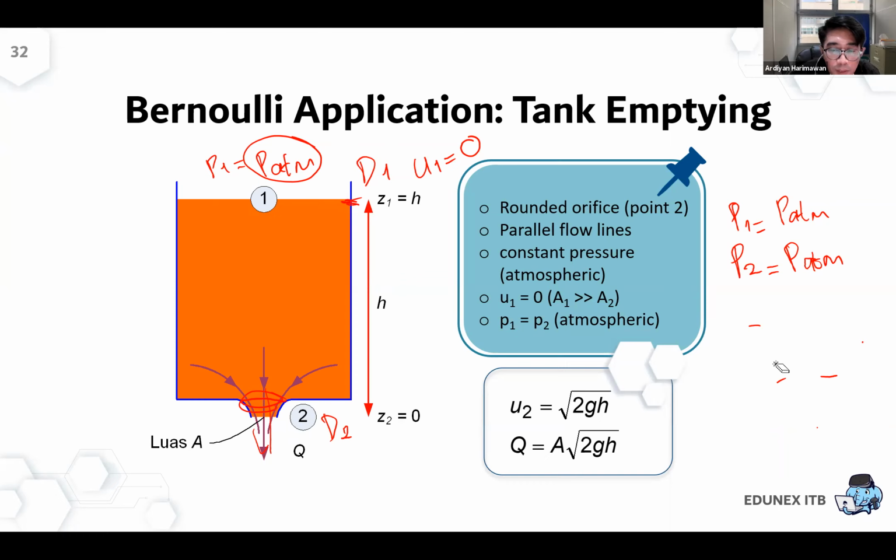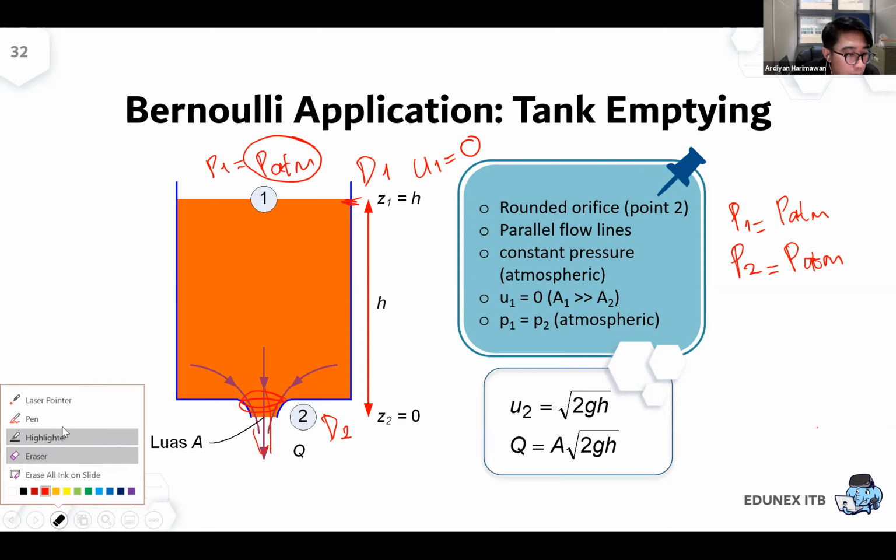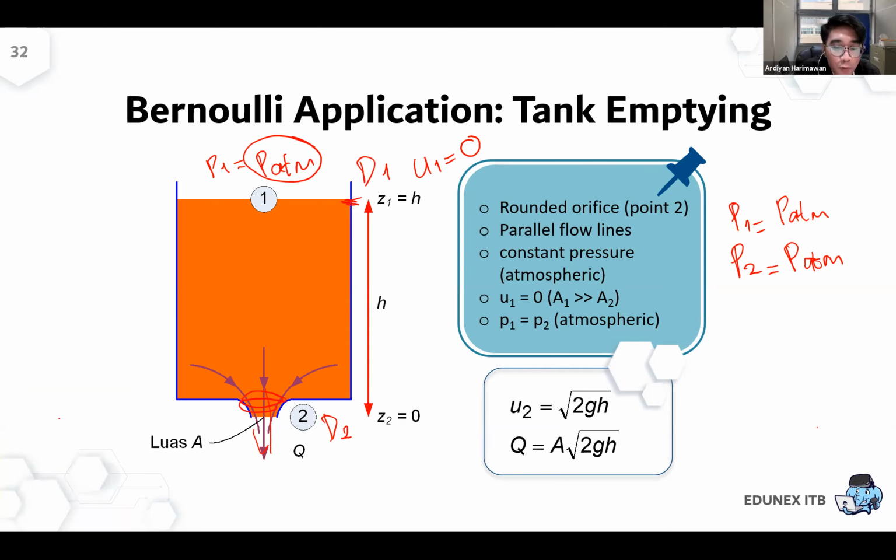Okay, then by analyzing using Bernoulli, you can write at point 1, P1, Z1, this is the total energy at point 1, which will be equal to this one.